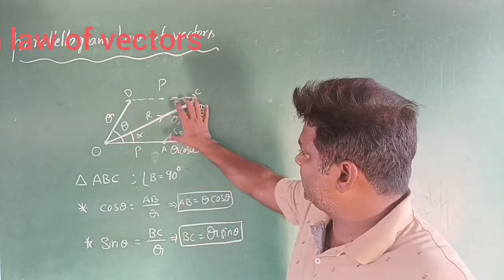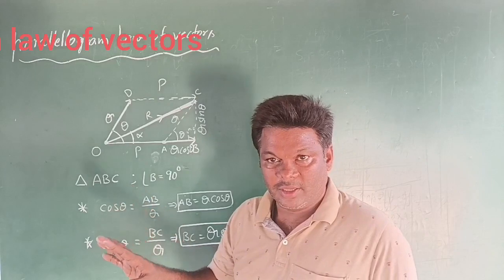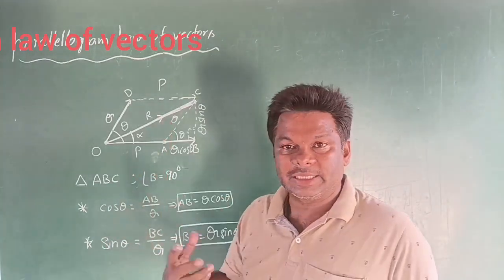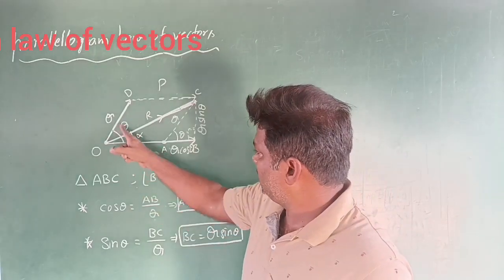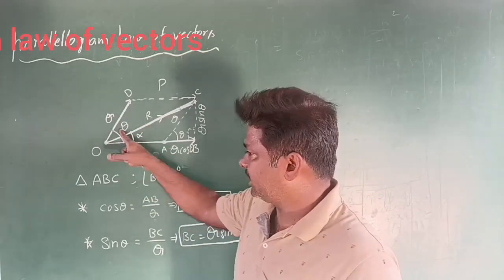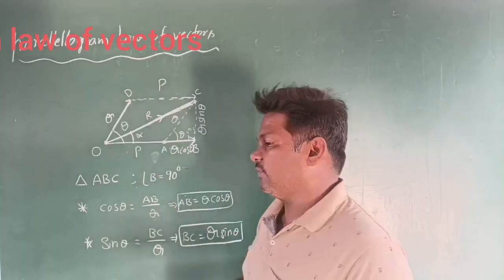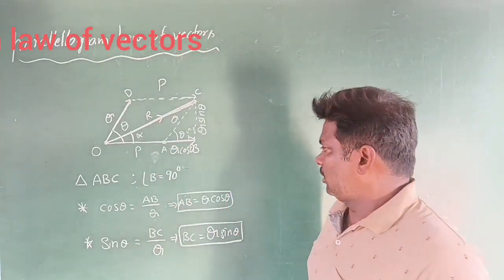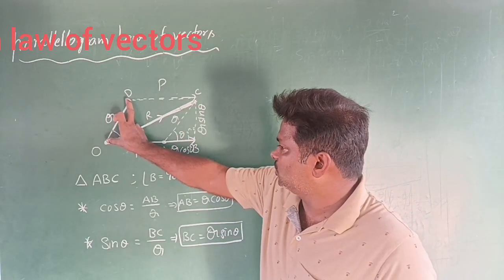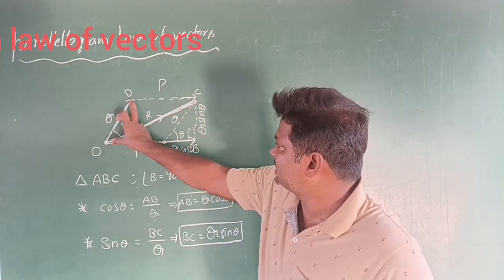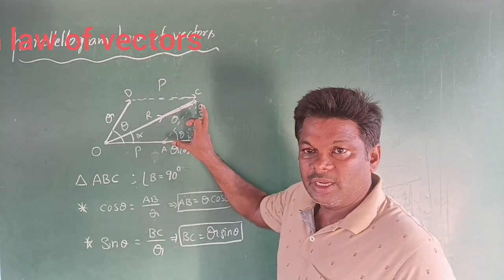Okay. Now I will explain once again about the diagram. Here P and Q are given vectors and R is the resultant vector. The angle between P and Q is theta. The angle between the resultant and P is alpha. Now this is Q, and this exactly opposite side is also equal in magnitude and direction.